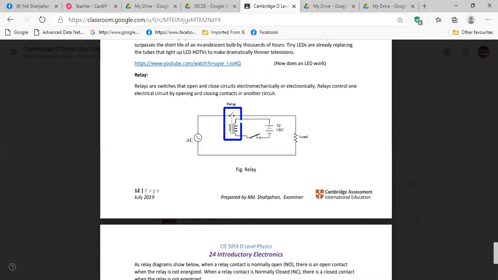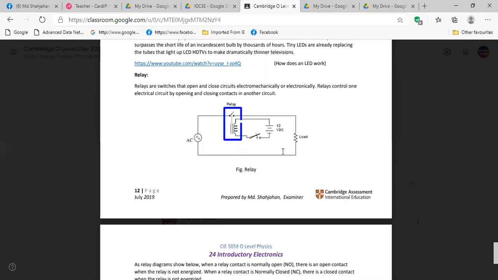The electromagnet behaves like a magnet, and this switch is made from iron, so it will get attracted by this electromagnet, and then the switch will be closed and this circuit will be on.